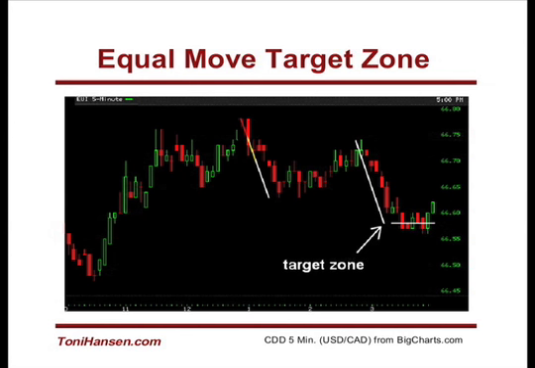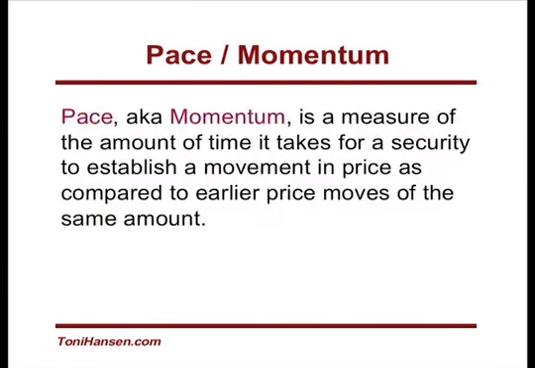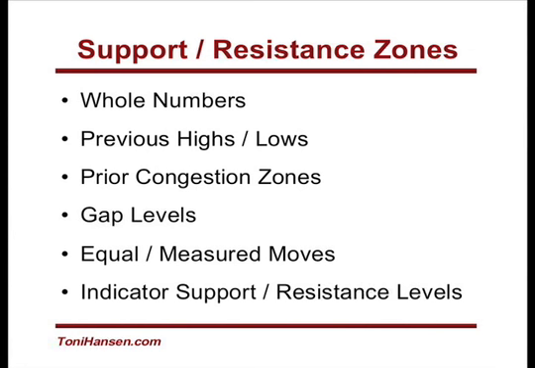Pencil does, though. Okay, so if we look at things like continuation moves, like this here, then what you can see is that as long as the momentum is comparable, you can get an equal move target. Going back to types of support and resistance, what you will see is that I listed here these equal or measured move levels.